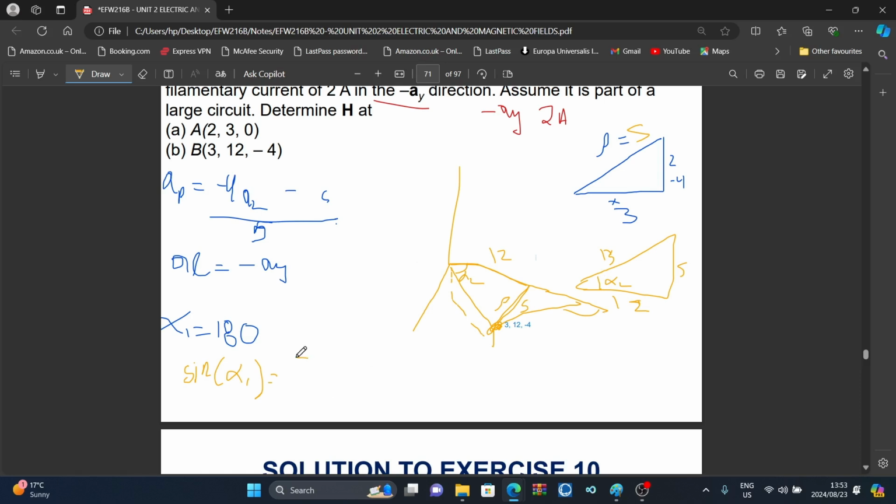So we have 5 there divided by 13. Then you will find your alpha 1. I believe we have calculated all these things.